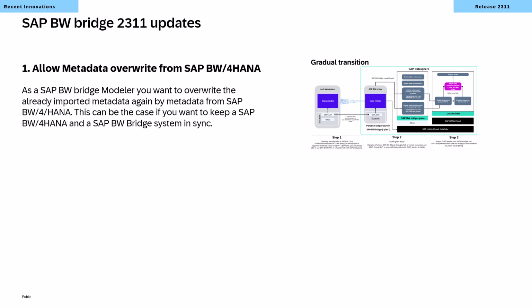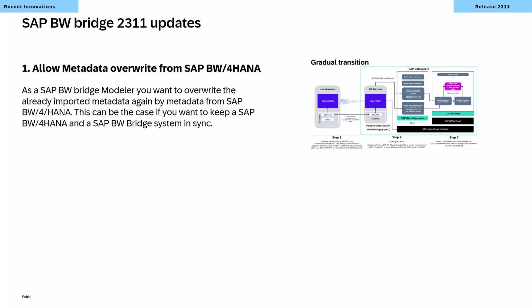This is quite a neat feature, as many customers take a gradual migration approach and move scenarios over first, but then typically after that first move, life doesn't stop and change requests are day-to-day business. So the models could change on either side, and this option now lets you synchronize your BW for HANA and your BW Bridge system, which is quite a nice addition.